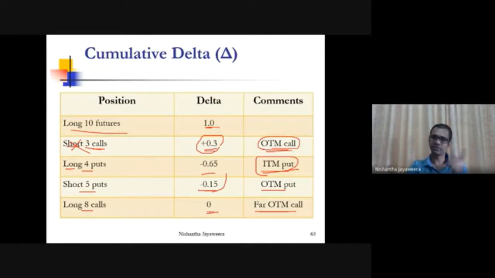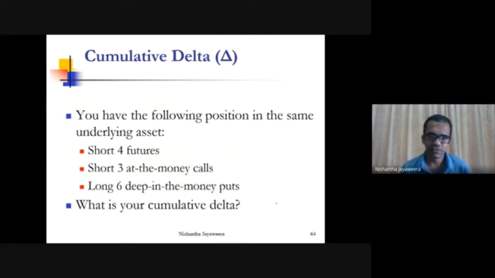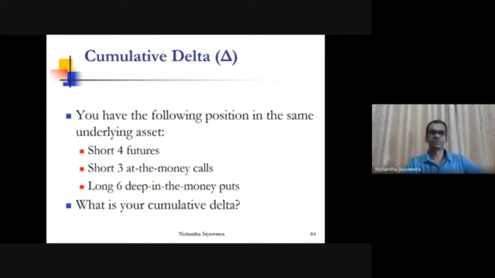Far or deep out of the money calls or puts will have a delta of 0. So we are going to calculate the cumulative delta of these 4 positions. So short 4 futures, short 3 at the money calls. So what is delta here? At the money calls, we know that delta is 0.5.